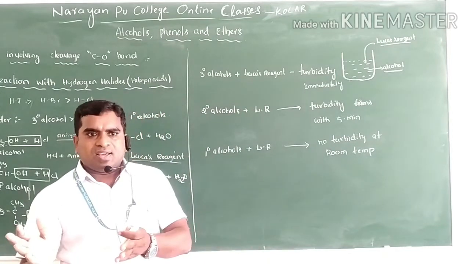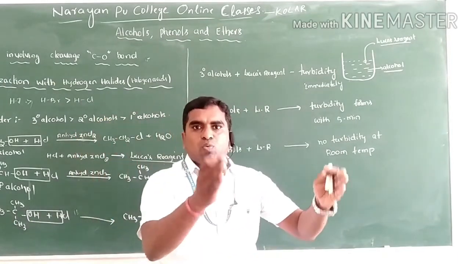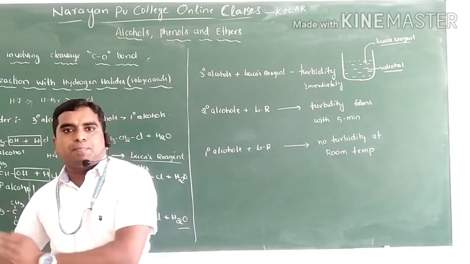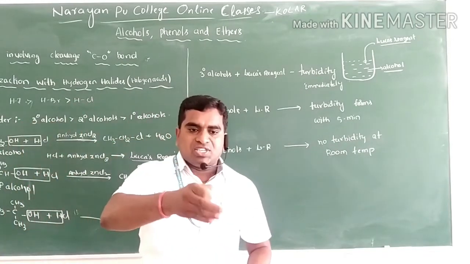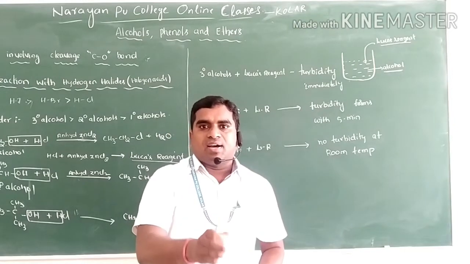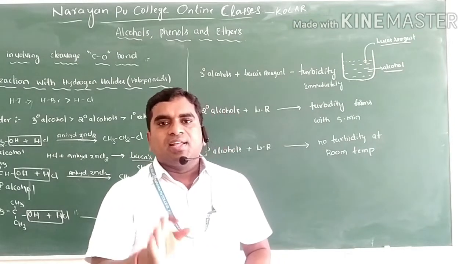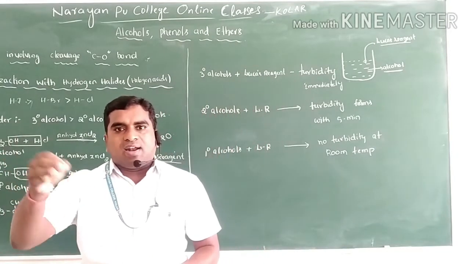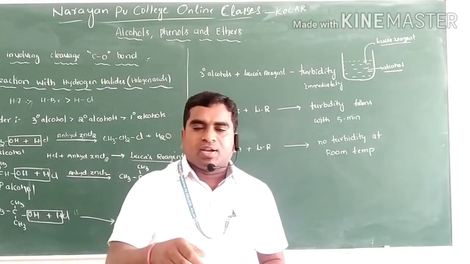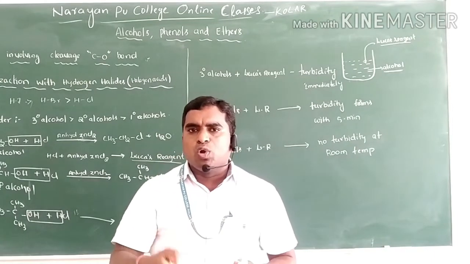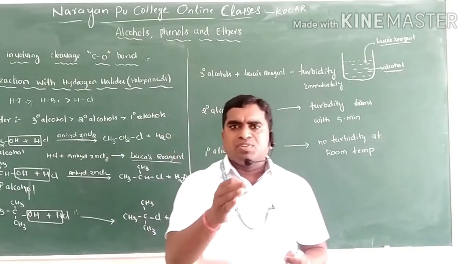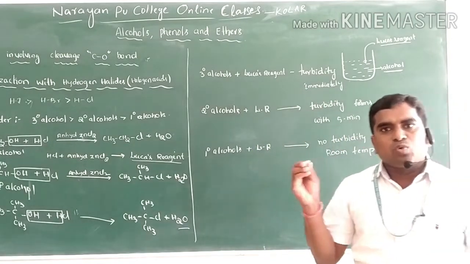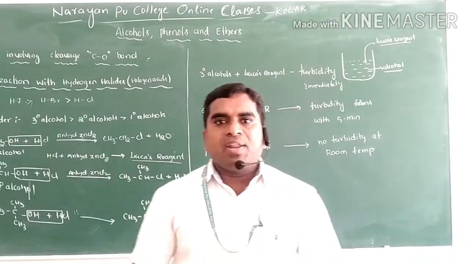Take 3 beakers, with a tertiary alcohol in one, a secondary in another, and a primary in the third. Add the Lucas reagent to the first beaker. If you get turbidity immediately, then it is a tertiary alcohol. If you add it to the second beaker and turbidity comes slowly, forming within 5 minutes, it is a secondary alcohol. If no turbidity forms at room temperature, then it is a primary alcohol.